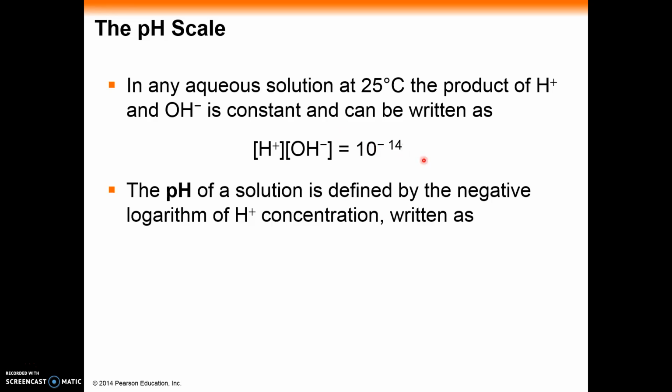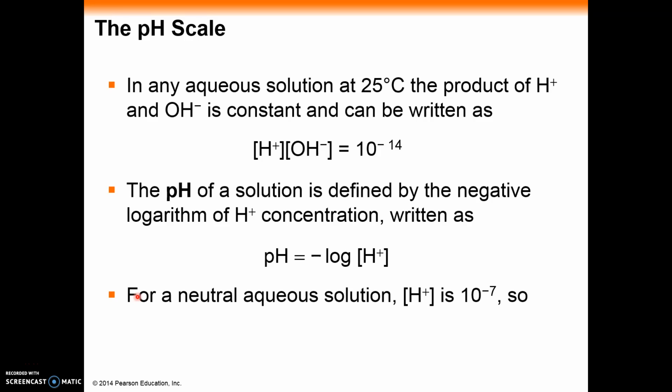So this is something abstract for our minds to wrap around. So we have this scale that adjusts the range to give us numbers that are easier for us to work with. So the pH is defined as the negative log of the concentration of hydrogen ions.